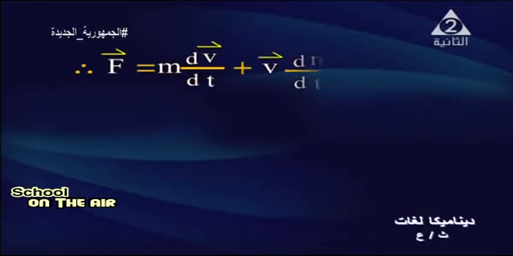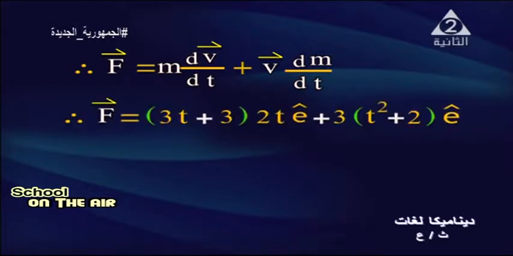F equals m dv/dt plus v dm/dt, because each of the mass and the velocity is variable. Then F equals the mass of the body, which equals 3t plus 2, times 2t e, plus the velocity t power 2 plus 2 multiplied by dm/dt, which equals 3, in direction e.